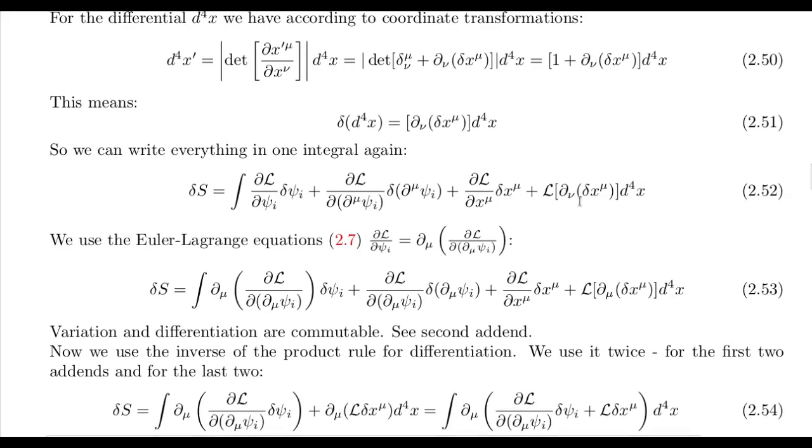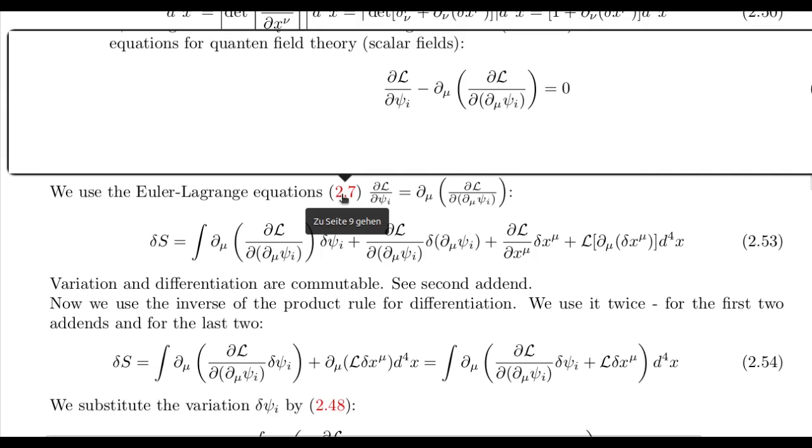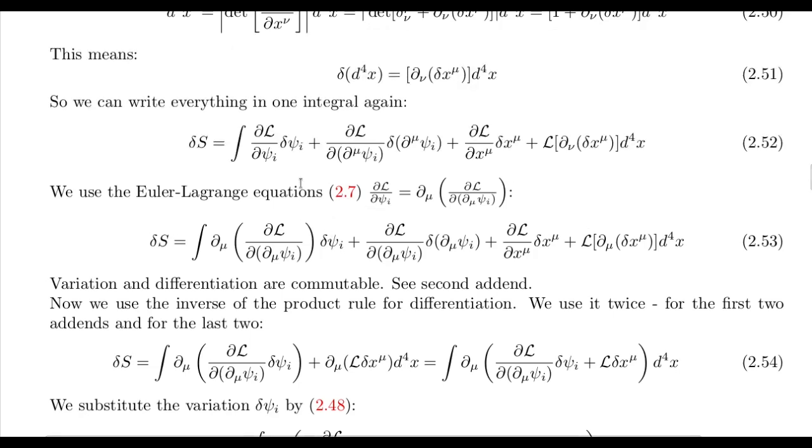And now we can write everything again in one integral, because in each part we have now d4x again. Now we use the Euler-Lagrange equations here to substitute this differential quotient dL d psi by the other expression in the Euler-Lagrange equations.